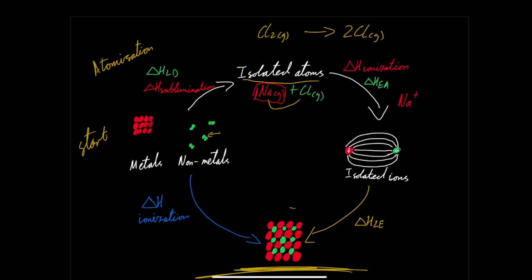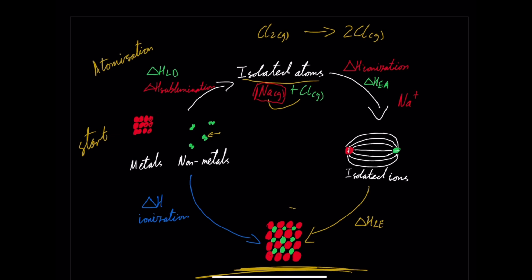And then with chlorine, we have to do something called electron affinity. Electron affinity is kind of the opposite of ionization in terms of what it's intended to do. It's not opposite in terms of values. Electron affinity and ionization are not the same in terms of value.